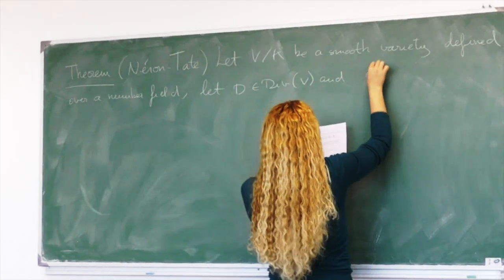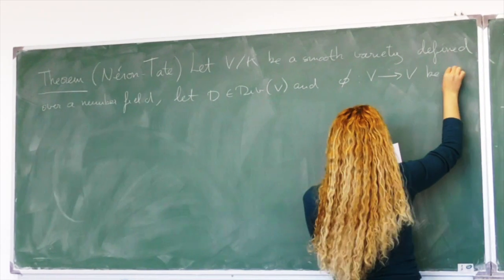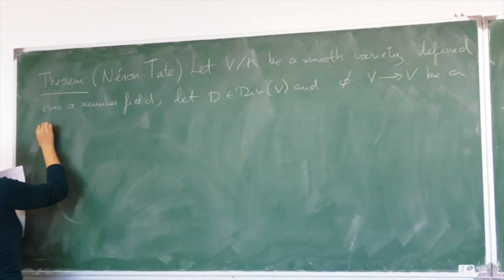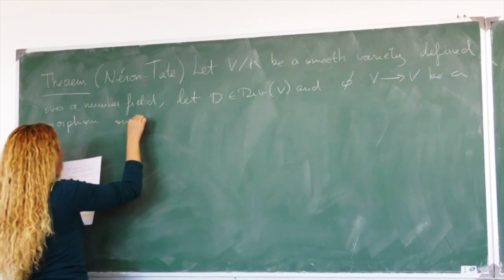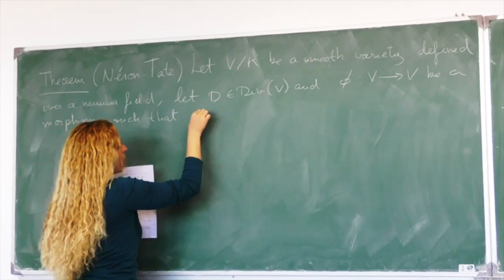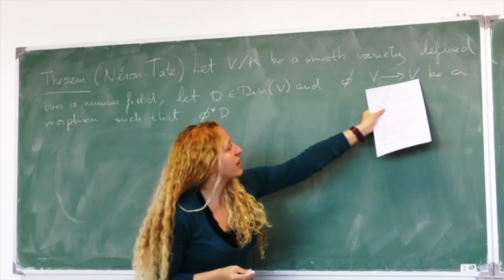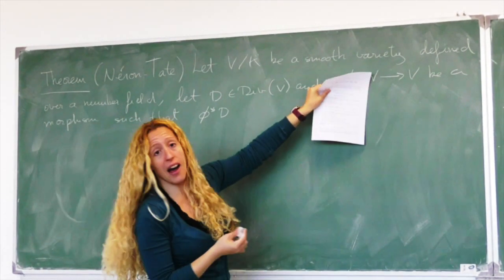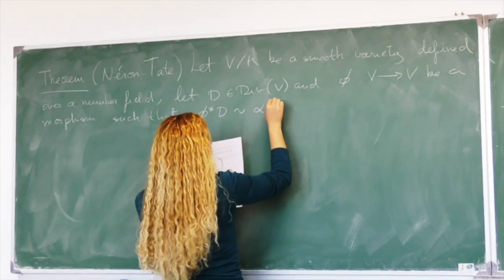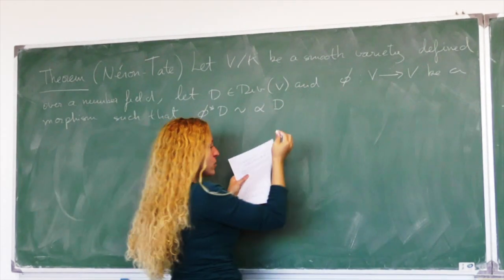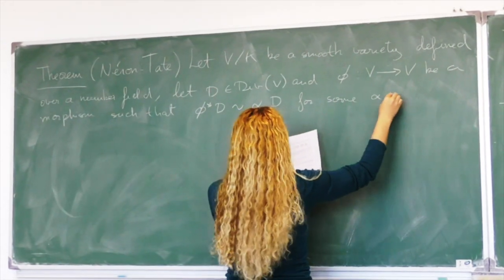And phi, a morphism from the variety to the variety with the following properties, such that the push forward of the divisor here by the morphism, so it's again a divisor on B, is linearly equivalent to a multiple of D, the starting divisor, for some alpha greater than 1.